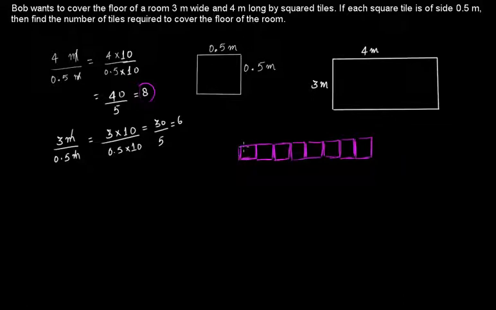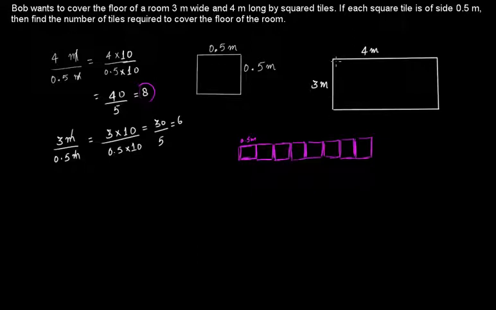So in one row we will have 8 such tiles of side 0.5 meter. 0.5 meter plus 0.5 meter plus 0.5 meter plus 0.5 meter, up to here you'll get 4 meter. Right?